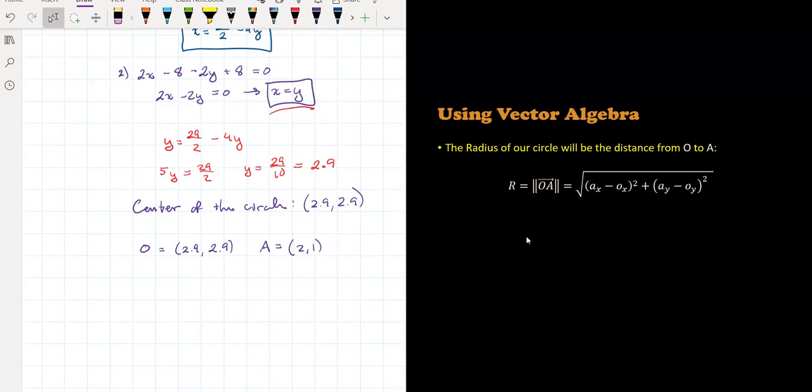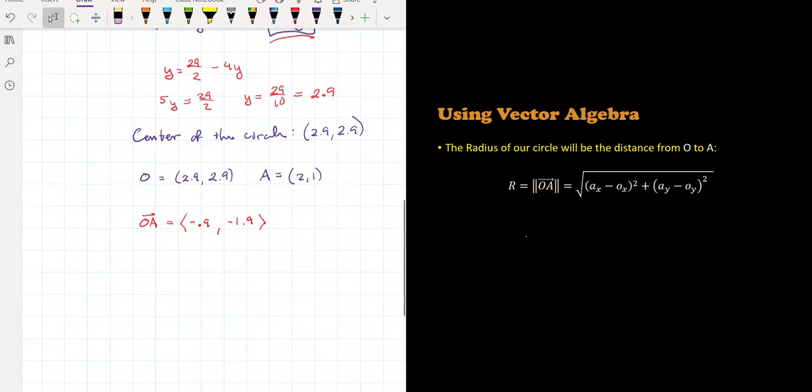And then the vector from O to A is A minus O, so that would be 2 minus 2.9, which is negative 0.9. And then 1 minus 2.9, so that's negative 1.9. So that's the vector from O to A.